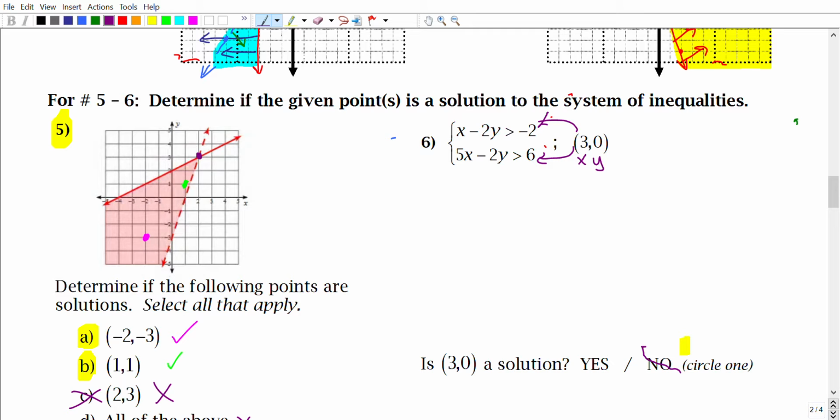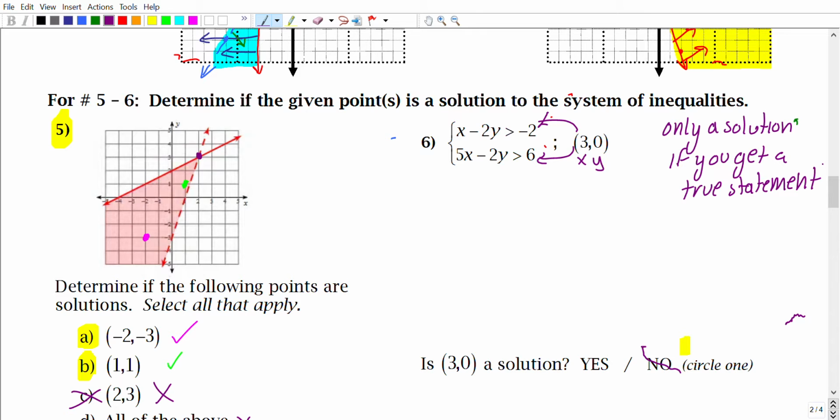Now, I'm going to write here on the side, only a solution if you get a true statement in both inequalities, okay? It's only going to be a solution if you get a true statement for both inequalities, okay? So why don't we actually go ahead and figure that out.